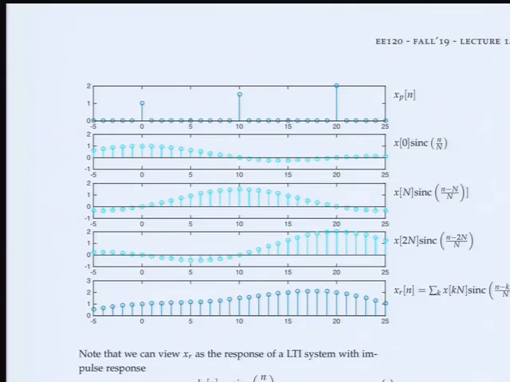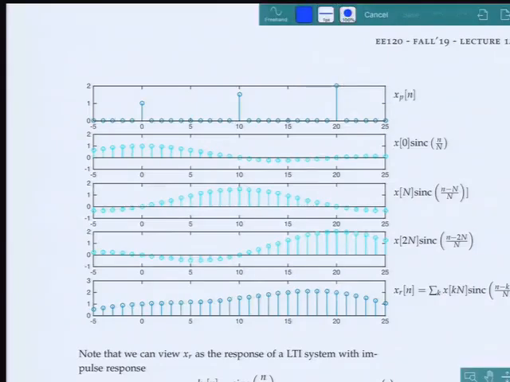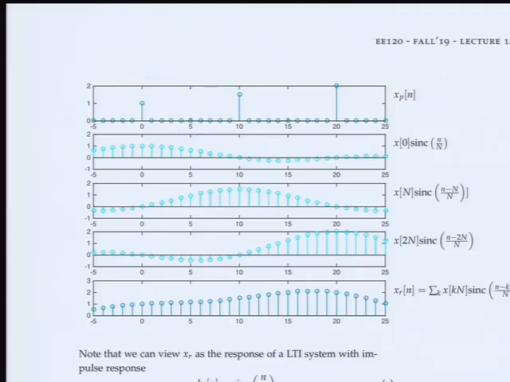If x of n was crazy, with values that jump up and down, if the ones we dropped were really jumpy like this, it will not match this reconstructed value. But if x in the first place was nice and smooth, and band limited means really nice and smooth, it can't vary too much, then it's reasonable to expect that xr, the reconstructed signal, will capture what the signal was in the first place.